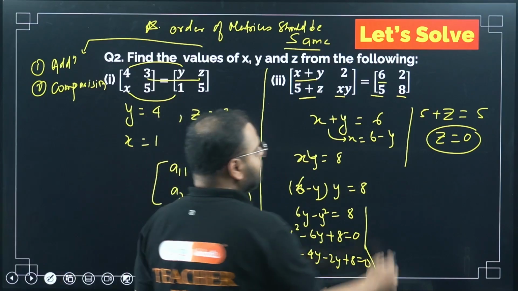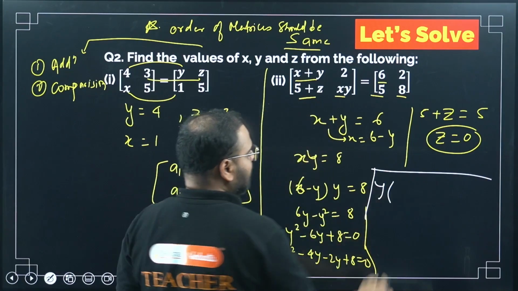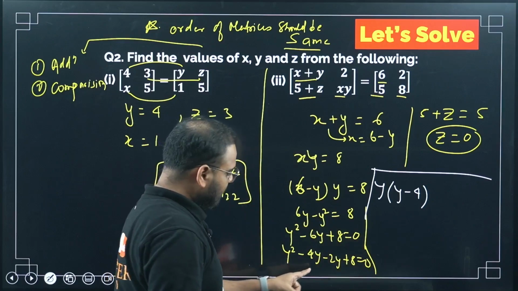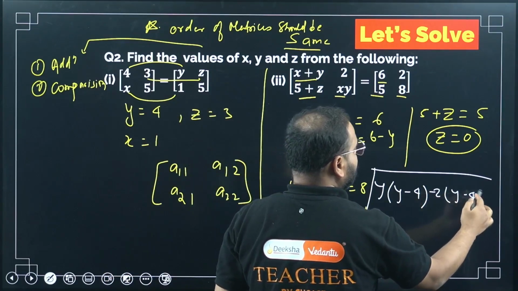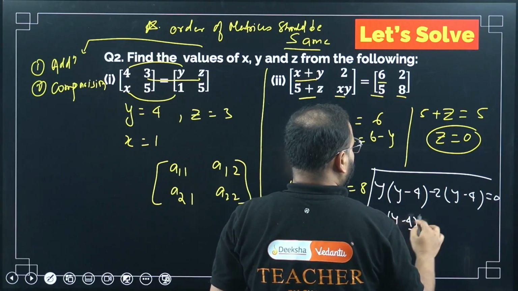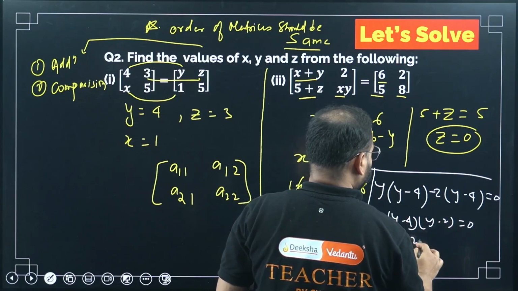I'll take y common here, so y minus 4 I'll get. I'm taking minus 2 common here, so y minus 4 again. Equals 0. My answer is y minus 4 or y minus 2 equals 0. Either I get y equal to 2 or 4.